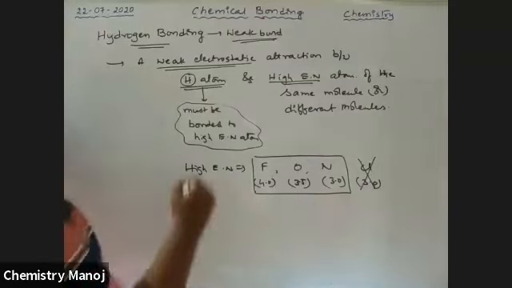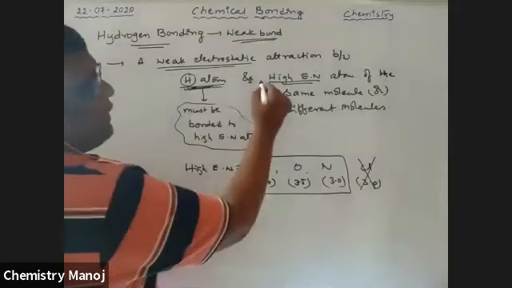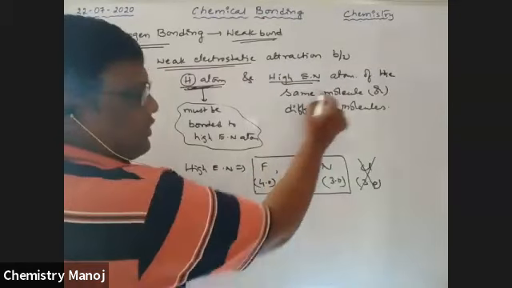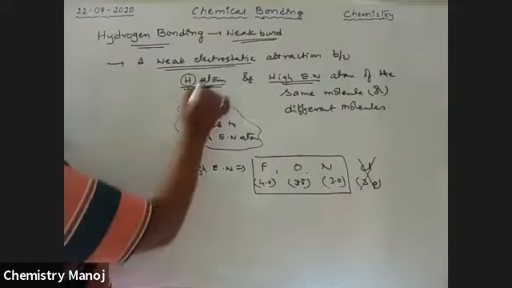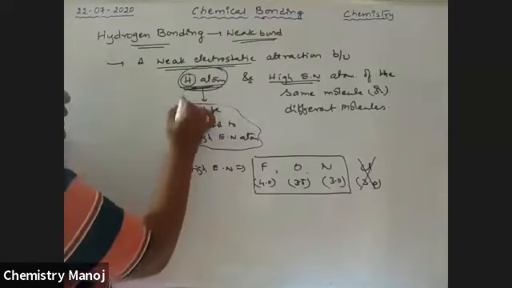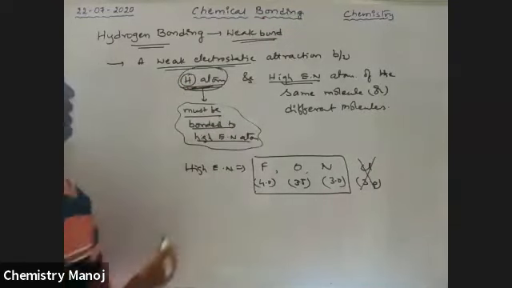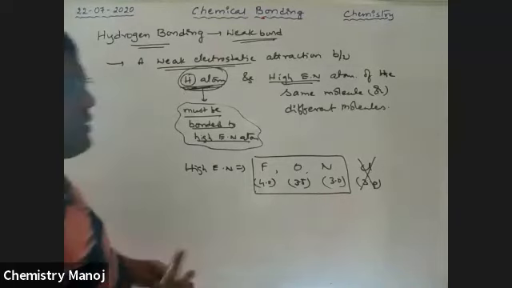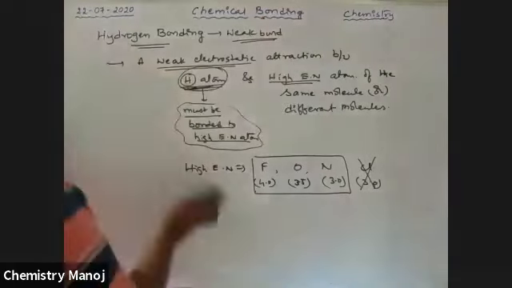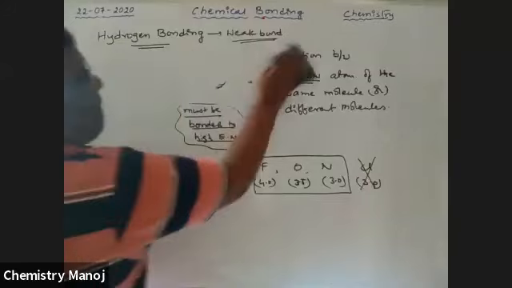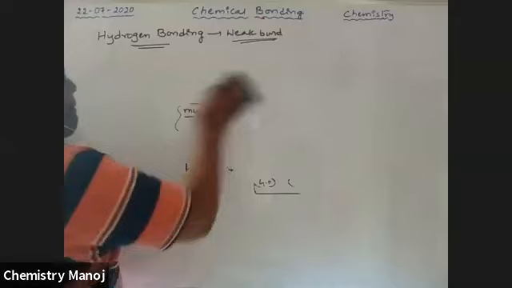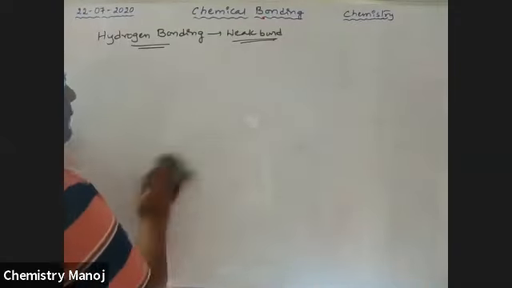So the hydrogen atom, which is weakly attracted by weak electrostatic attraction to highly electronegative elements of the same molecule or a different molecule, must be bonded with another highly electronegative element. So I will give examples. See here, boys.